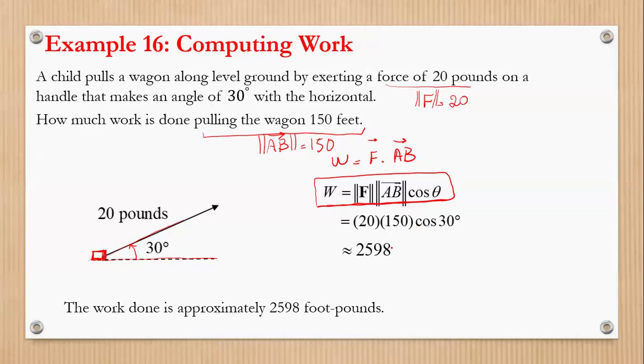So the work done here is approximately 2,598 foot-pounds. The unit is foot-pounds because vector AB is measured in feet and the force is measured in pounds.